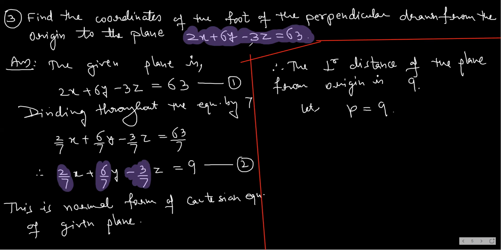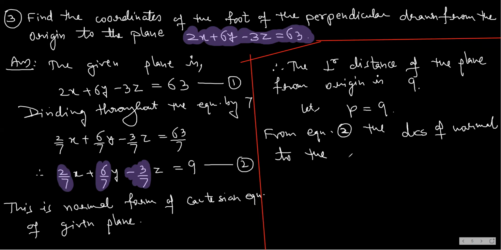So from equation 2, the DCs of the normal to the plane are given as 2 by 7, 6 by 7, minus 3 by 7.